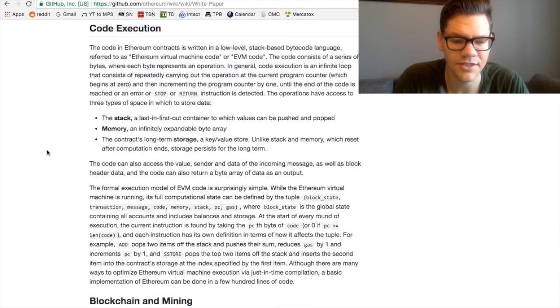The formal execution model of EVM code is surprisingly simple. While the Ethereum Virtual Machine is running, its full computational state can be defined by the tuple (block_state, transaction, message, code, memory, stack, pc, gas), where block_state is the global state containing all accounts and includes balances and storage.